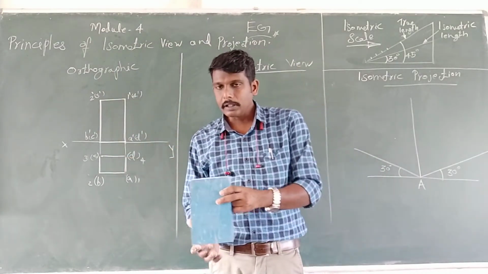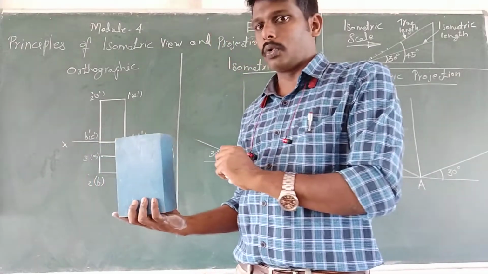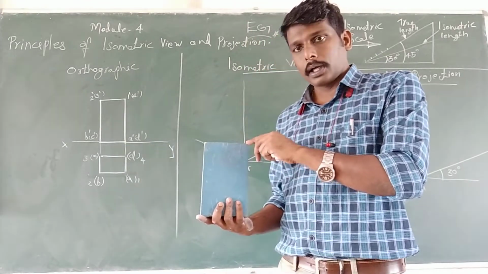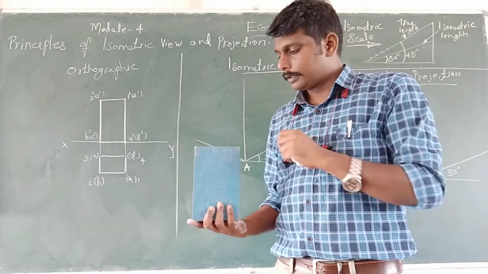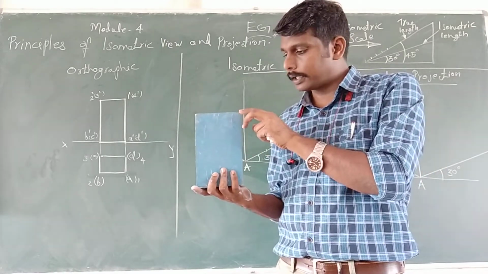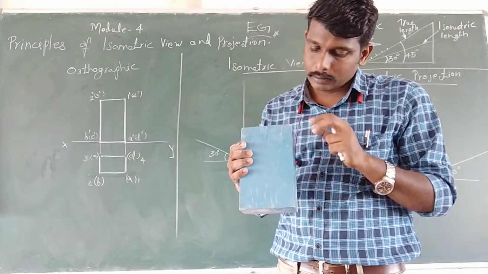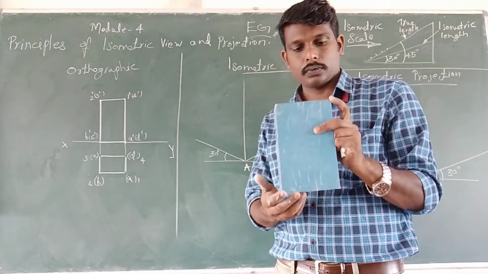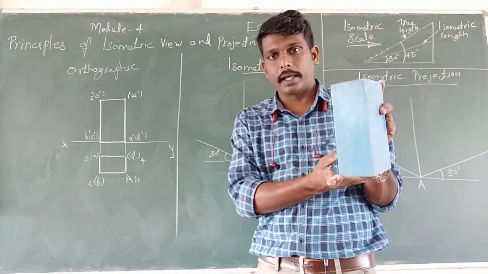Okay. But in the case of the isometric view, listen, the object is viewed perpendicular to the solid diagonal. The solid diagonal is, for example, 1 to 3. 1 to 3 is a solid diagonal.